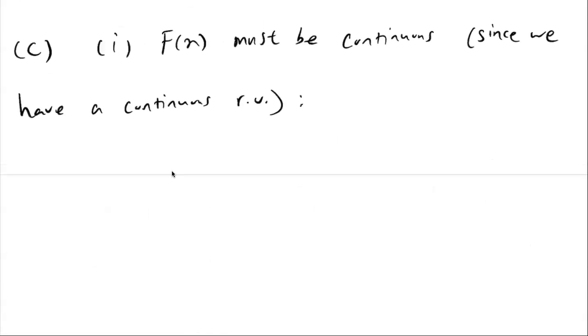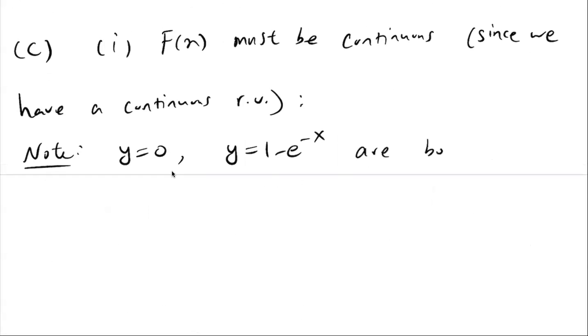So we can say that, note that y equals 0 and y equals 1 minus e to power minus x are both continuous functions.